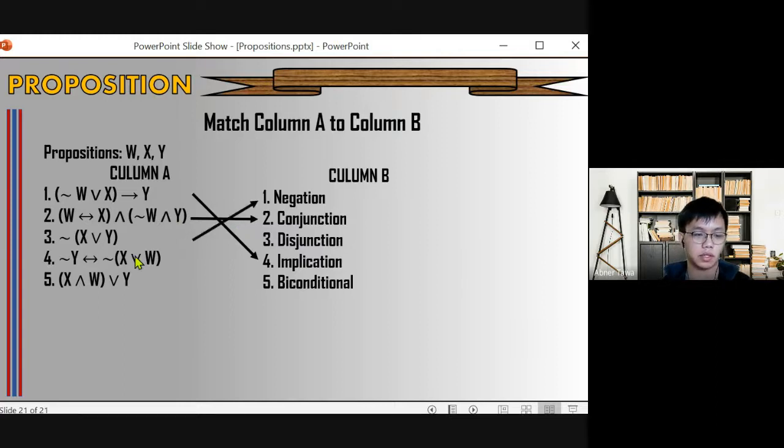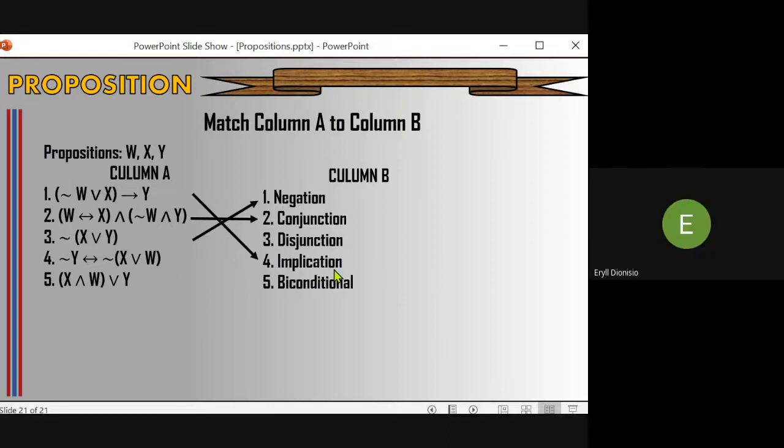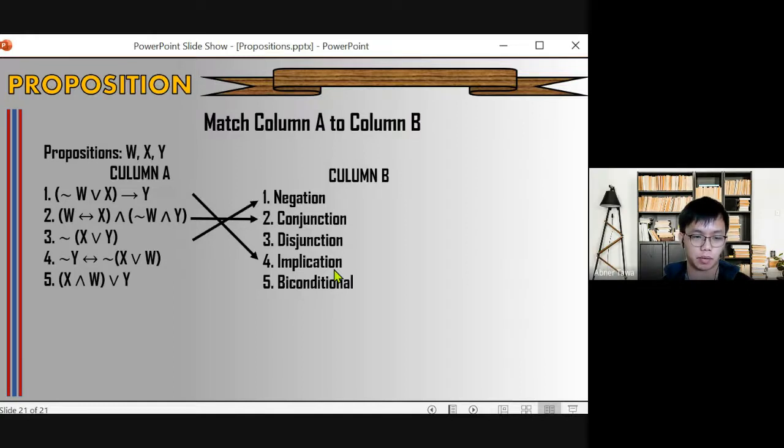So we have here, we have negated the, yung tawag dito, disjunction. So we have the negation. So number 4, yes, Miss Erin. Sir, biconditional. Okay, so number 4 is a biconditional. And then lastly, number 5 is obviously it is a... sino gustong sumagot sa number 5?